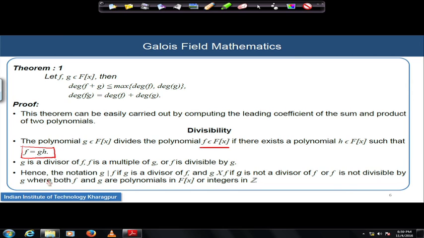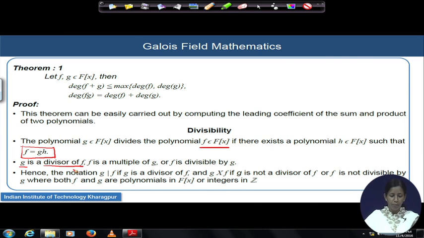In that situation we can say that g is a divisor of f, f is a multiple of g, or sometimes that f is divisible by g. If g is a divisor of f, we write it like this, and if it is not, we write that g is not a divisor of f.